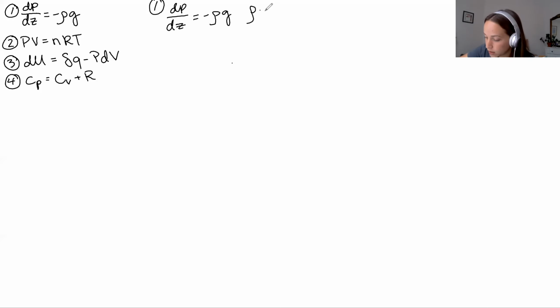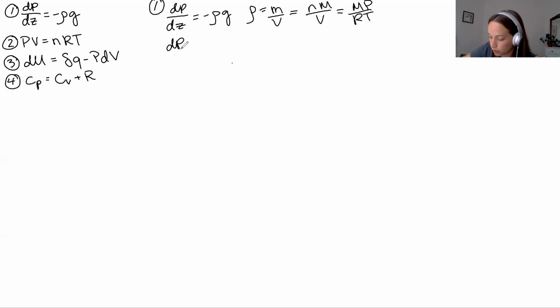And we know that density is equal to mass over volume, and mass is equal to the number of moles times molecular weight. So we can use the ideal gas law to rearrange this by rearranging it to number of moles over volume, which is equal to pressure over the gas constant times temperature. So we get that density is equal to molecular weight times pressure over ideal gas constant times temperature.